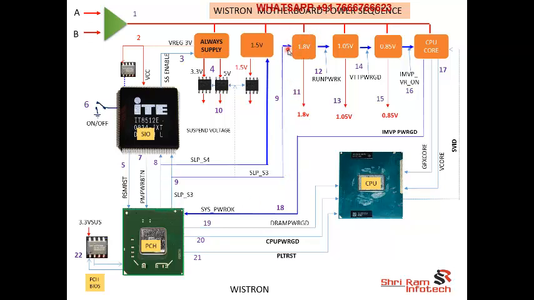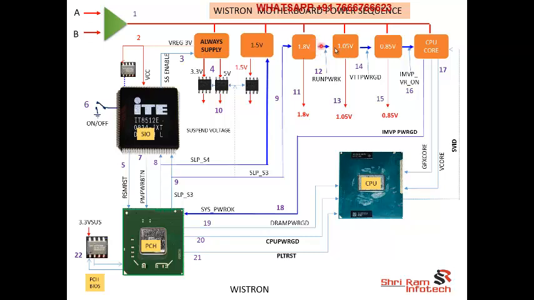When this 1.8 enable is given, then the 1.8 voltage will be generated and given to the PCH at step number 11. When the 1.8 voltage is turned on, the 1.8 power good signal goes out when this voltage is stabilized, and that power good signal is given to the enable of the 1.05.